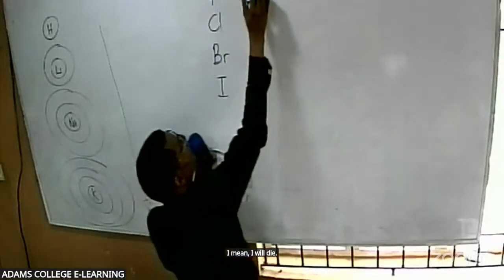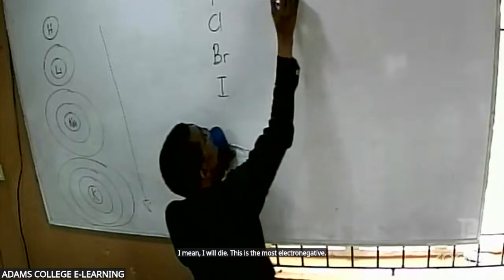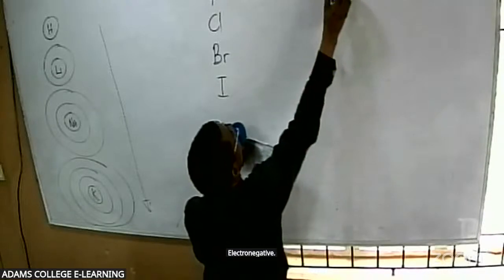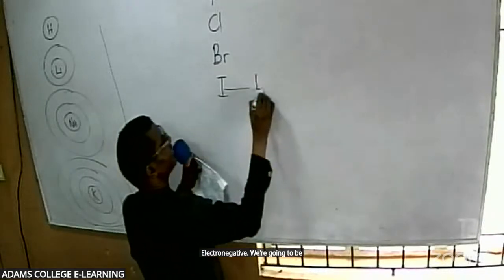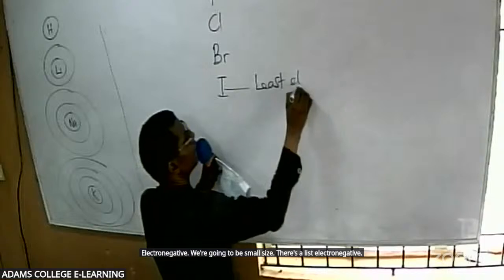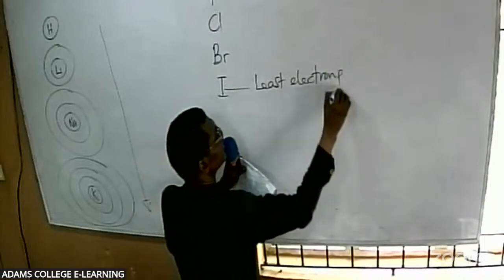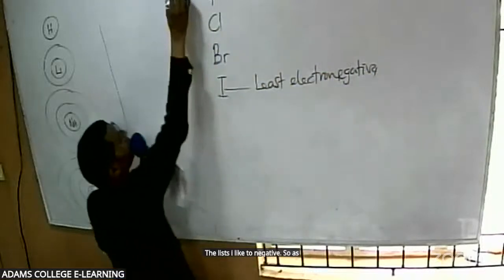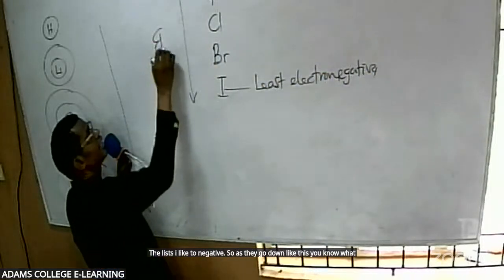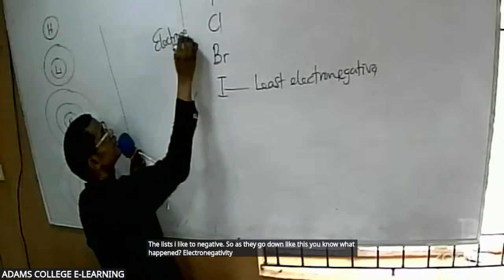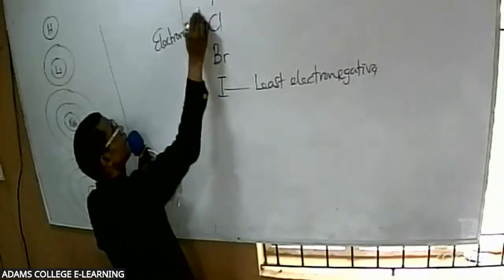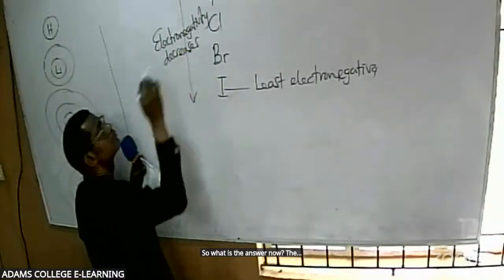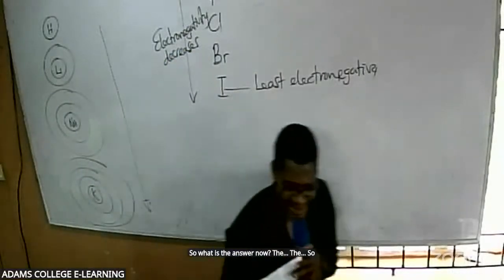Fluorine is the most electronegative because of its small size, and iodine is the least electronegative. So as they go down, electronegativity decreases. So what's the answer now? D. So it's not about cramming, it's about knowing why.